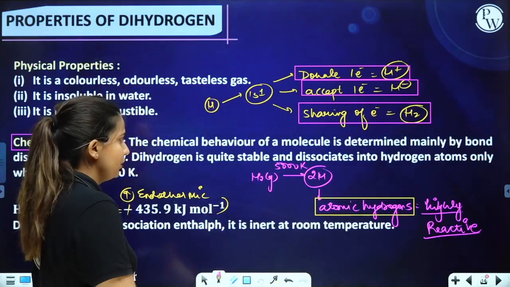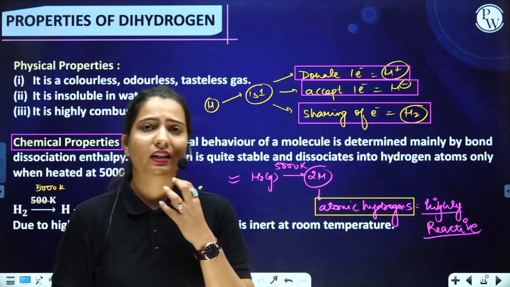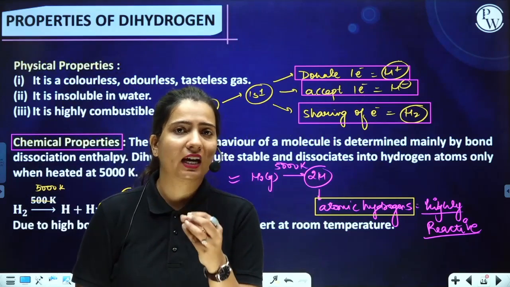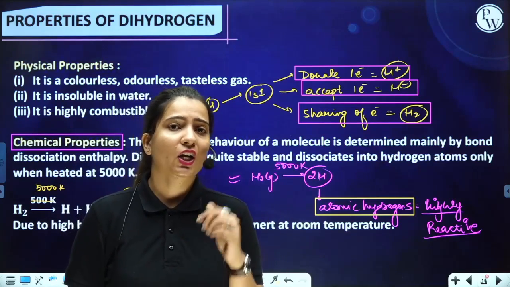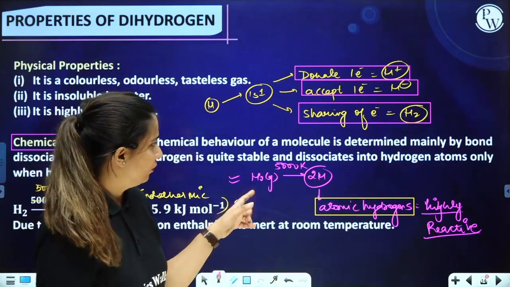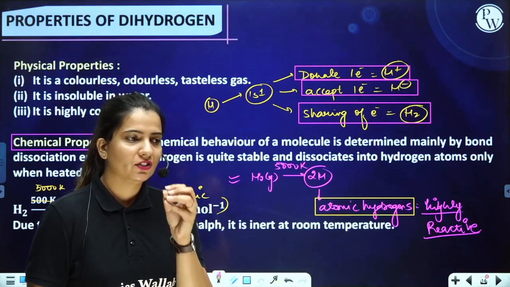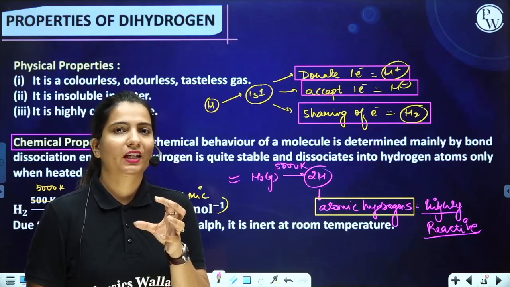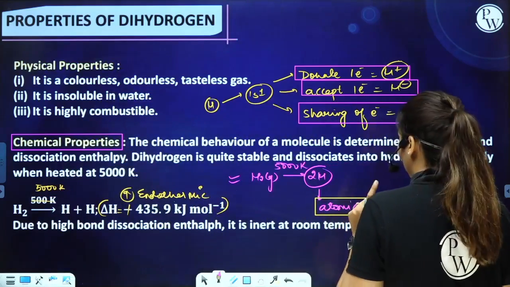The bond between the two hydrogen atoms is dissociating with the help of this temperature of 5000 Kelvin. You're getting two individual hydrogen atoms. Whatever is formed is very highly reactive. It is just finding something to get attached with. Please remember atomic hydrogen.